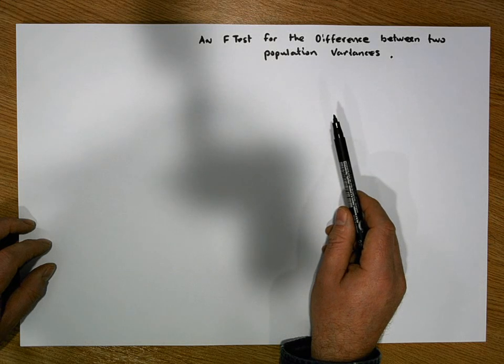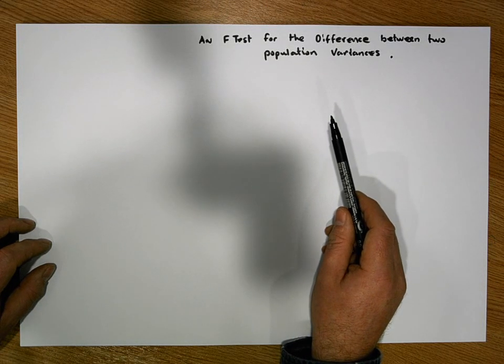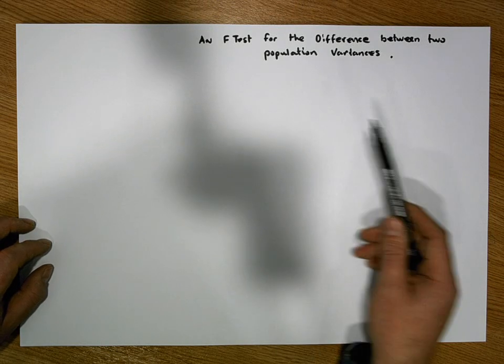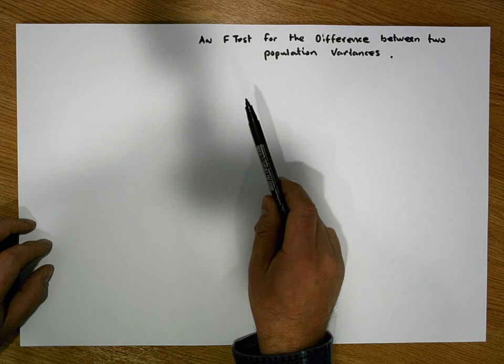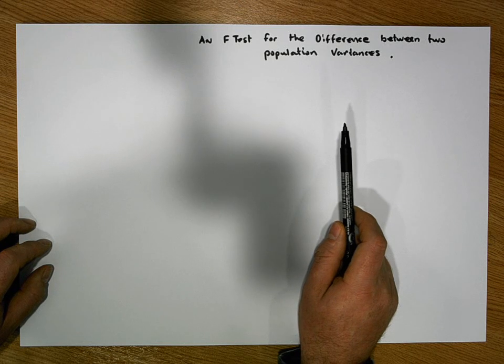The first variant is where we assume that the samples have been drawn from populations with equal population variances, and the other is where we assume unequal population variances. So this video is going to deal with the F-test, which is going to allow us to figure out which particular version of the independent samples t-test we should go for.